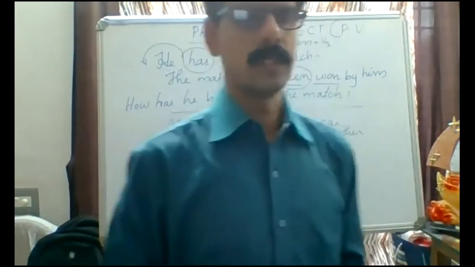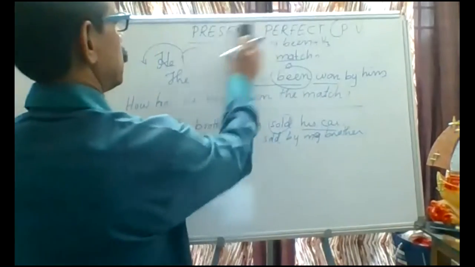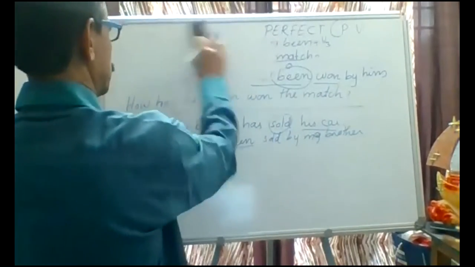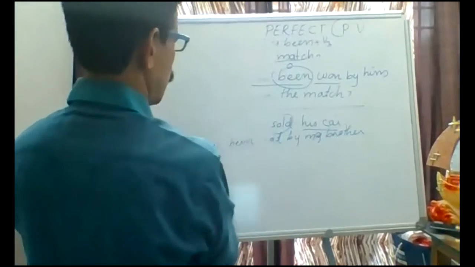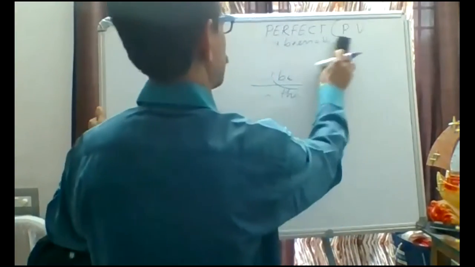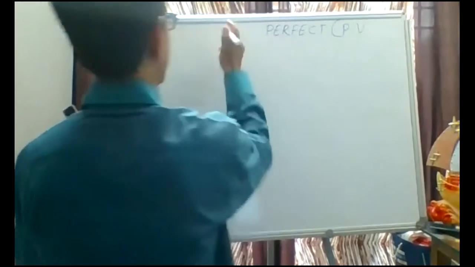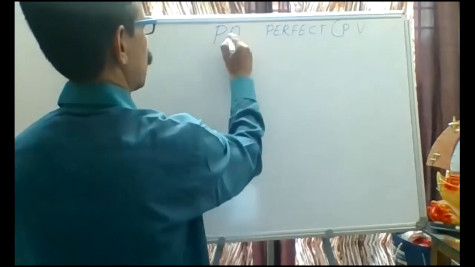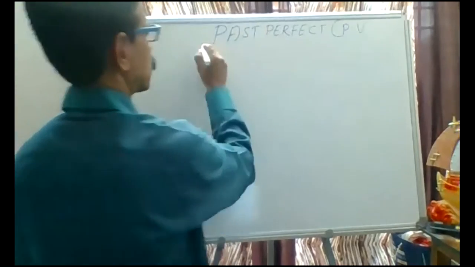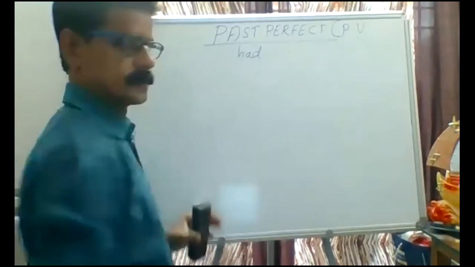Now let me go with past perfect. Past perfect is a very simple one. In present perfect there are two helping verbs, have and has. But in the past perfect, only had is the helping verb.